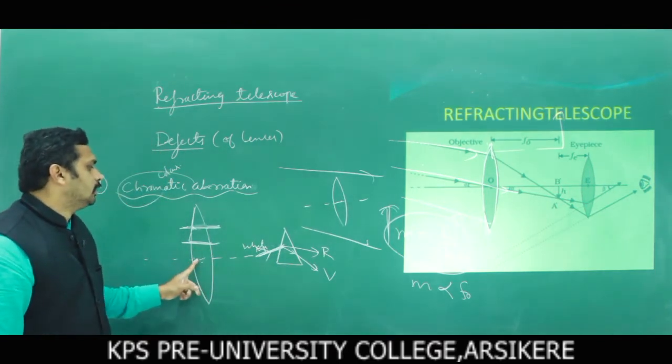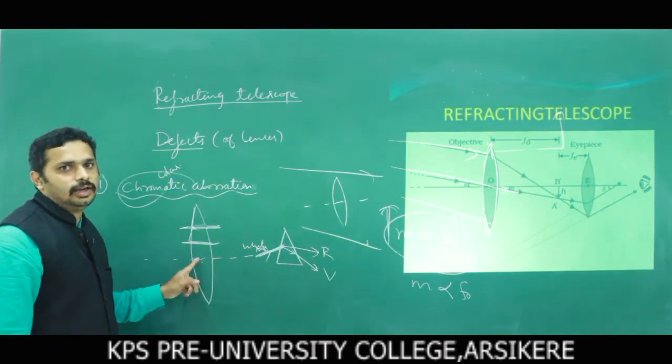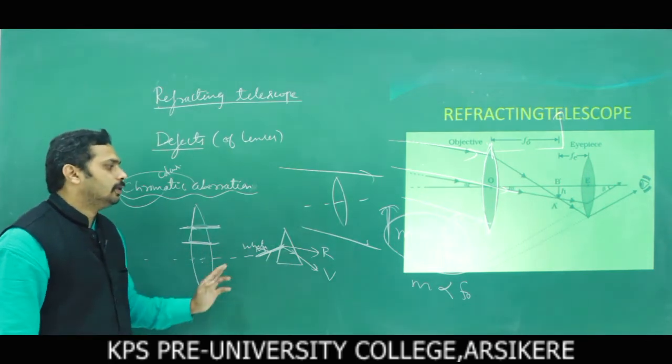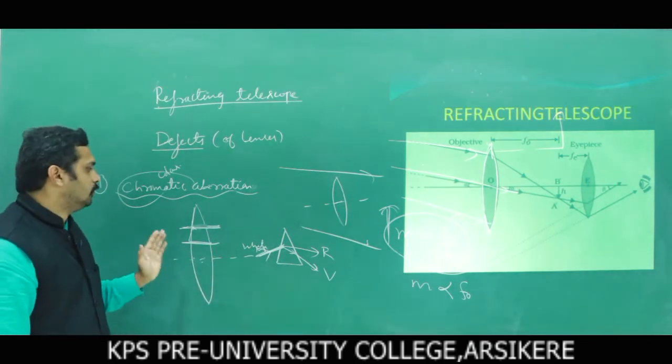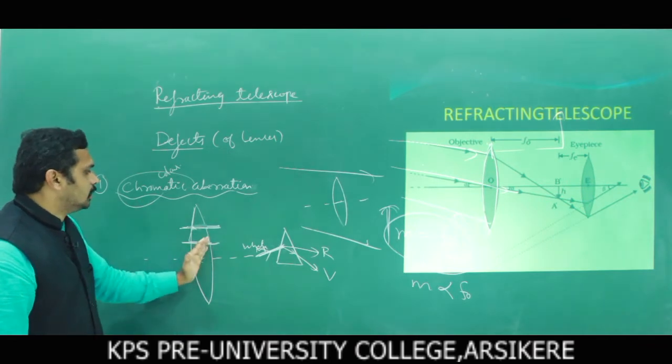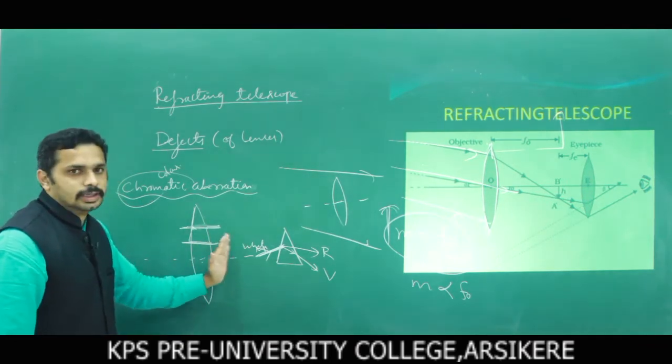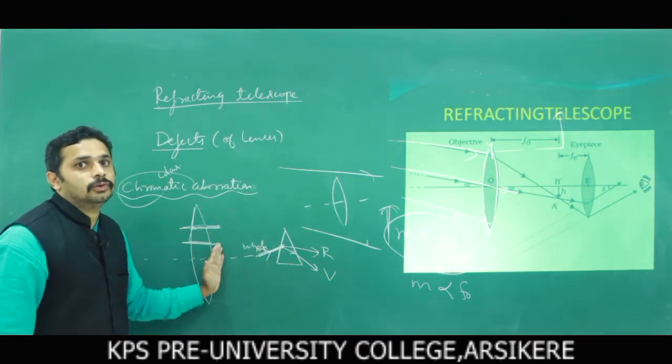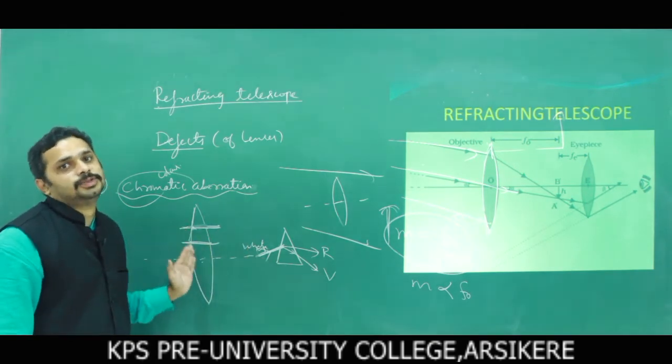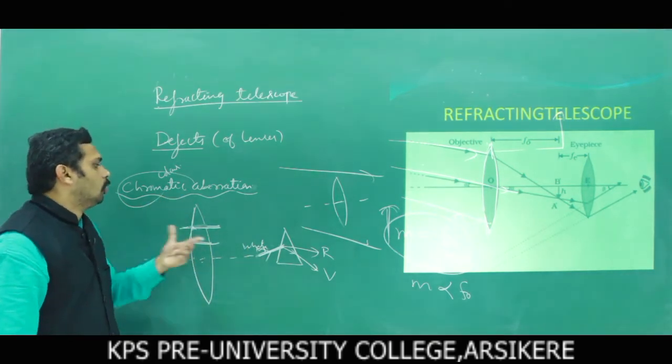You know that the focal length of a lens depends on the wavelength and refractive index. Therefore not all the colors meet at one point; different colors meet at different points. Therefore there is no sharp image of the object. That's why we get chromatic aberration.